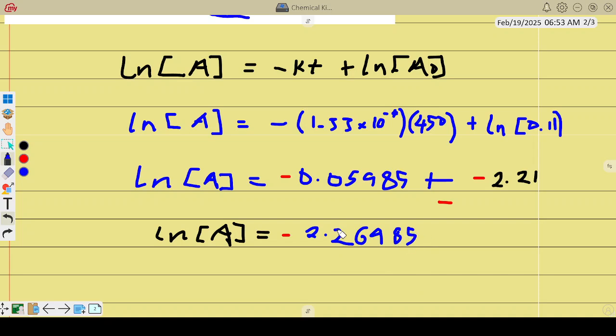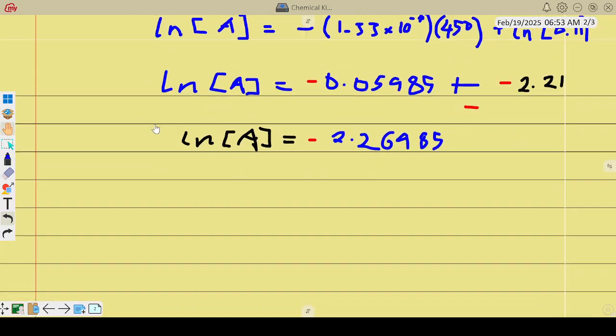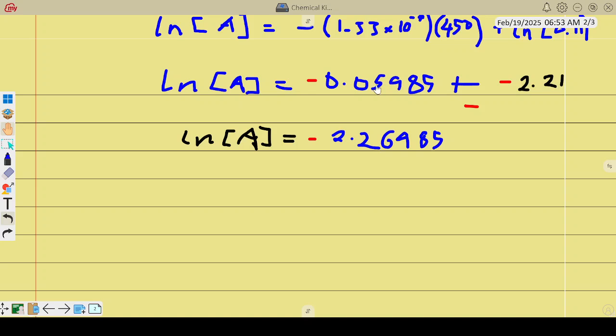You can give your answer as precise as possible, and then round off in the final answer. Because if you round off at each stage, like here you put 0.6, here you put 2.2, your answer can seem far from the expected correct answer. That's one thing to take note of.